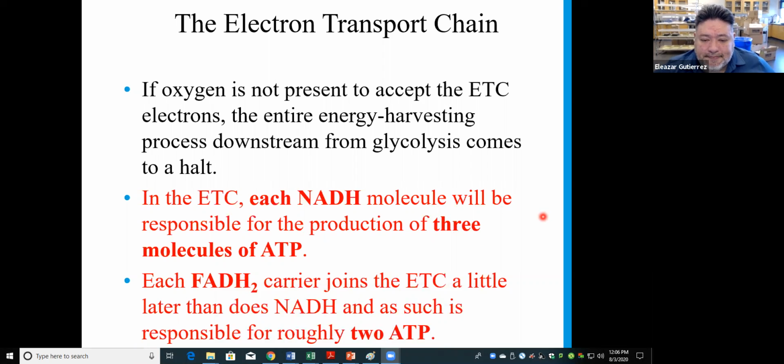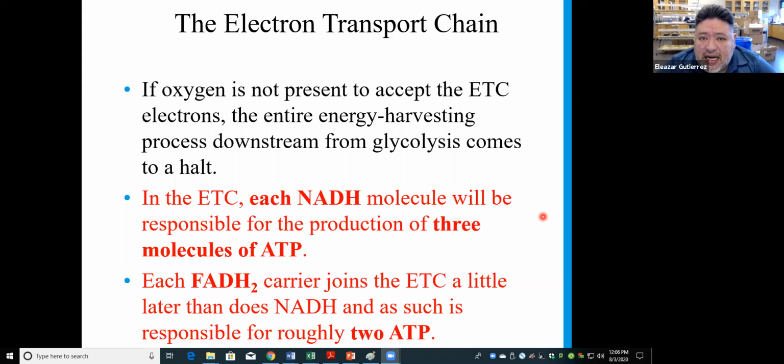So, and I'm going to tell you, this is a roundabout figure. This can change, and the reason for that is because how much energy is produced is based on the energetics of the mitochondria.